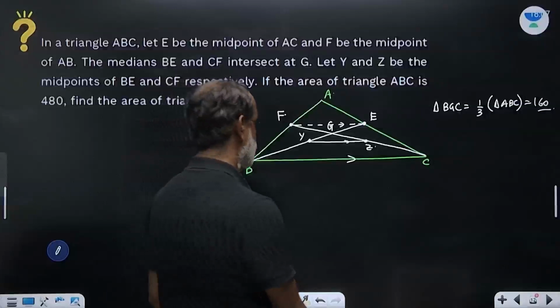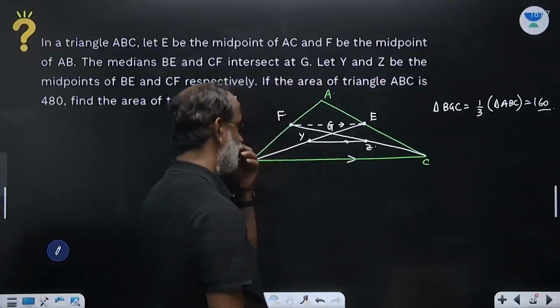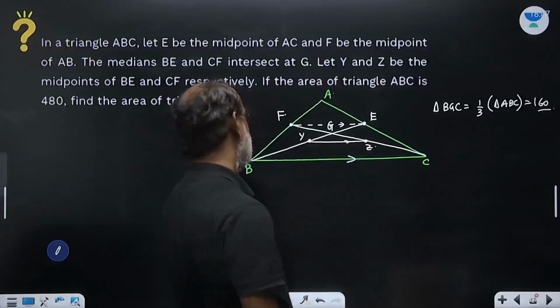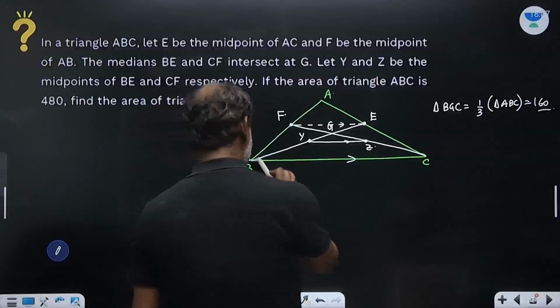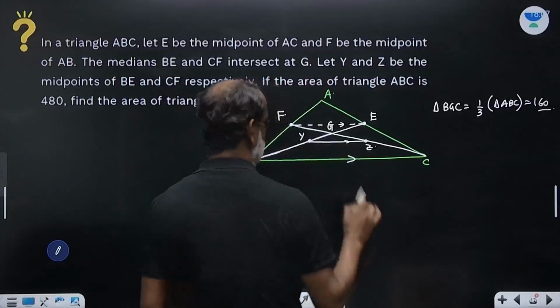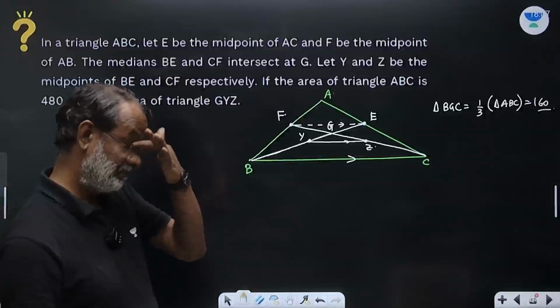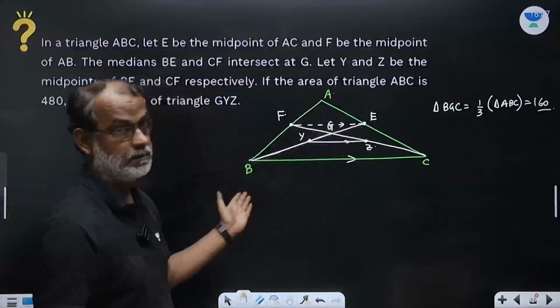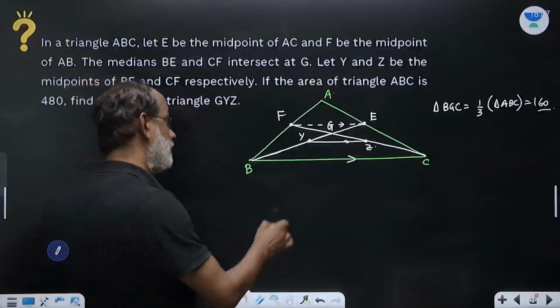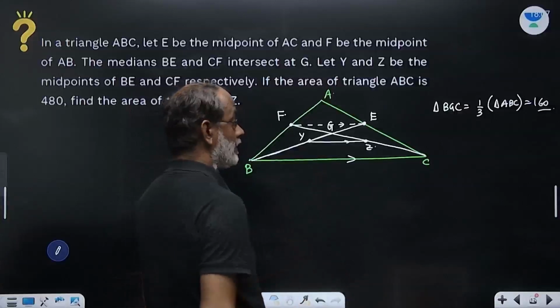Now these are similar triangles. Now BG is 2/3 of this median. BY is half, so 2/3 minus half.